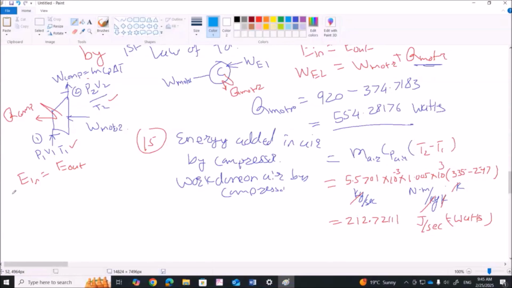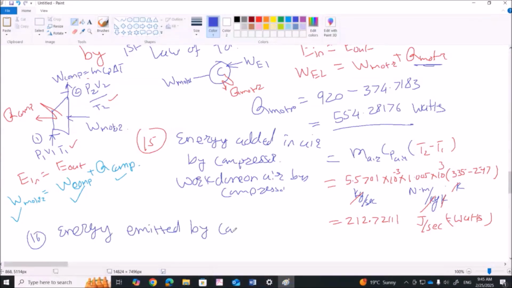To apply the first law of thermodynamics again here, energy in is equal to energy out. So what is energy in here? Energy in is W motor. What is out? The work done by the compressor plus the energy Q com. Energy emitted by compressor Q com is equal to W motor minus W com, W motor is in, W com is the useful work, 374.7183 minus W com is 207.2111.